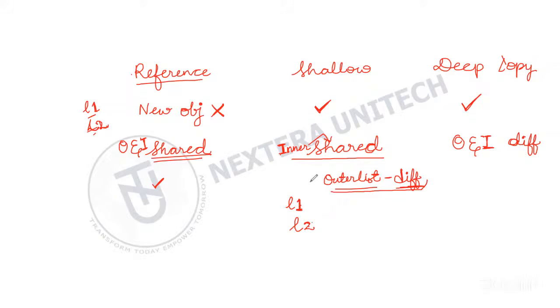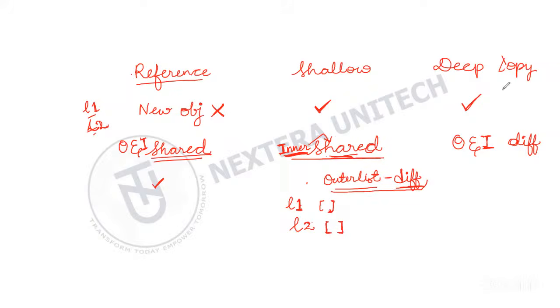If you modify L2, that won't be reflected in L1. But as the inner lists share the location, if you modify the inner list of L1, that will be reflected in the L2 inner list. And if I modify the inner list of L2, that same modification will be reflected in L1 as they share the same location.